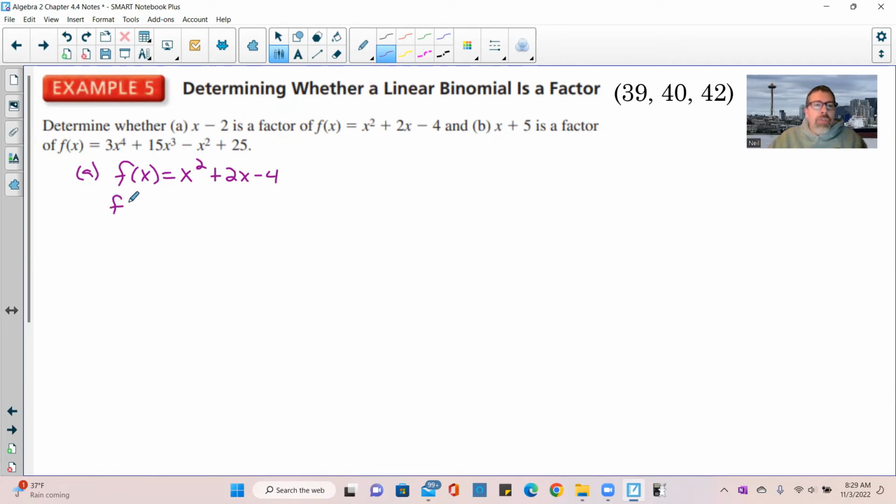So I want to do direct substitution into my function and do f of 2, which is 2 squared plus 2 times 2 minus 4. And f of 2 simplified would become 4 plus 4 minus 4. So f of 2 equals 8 minus 4, which is 4, and that does not equal 0. So x minus 2 is not a factor.